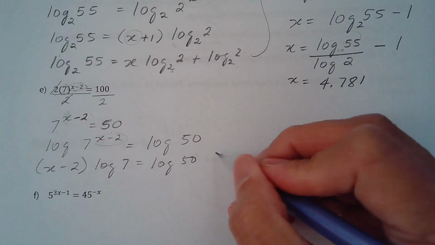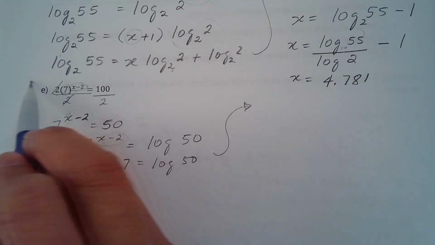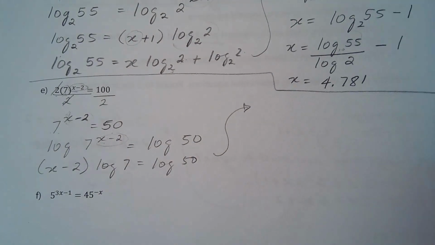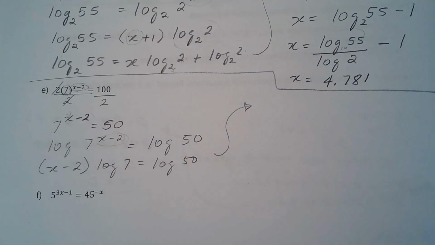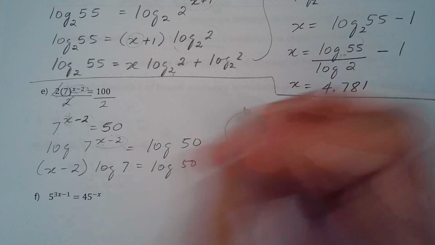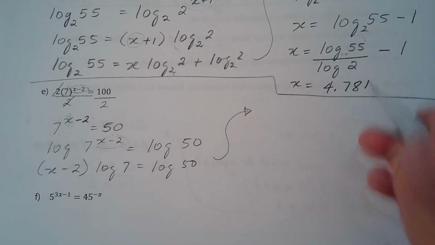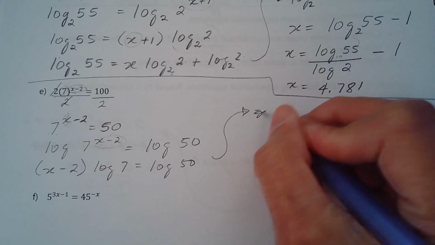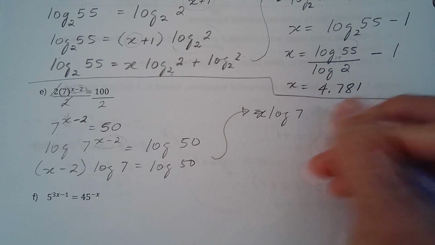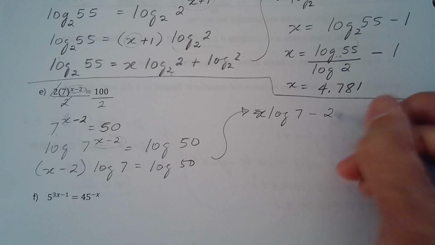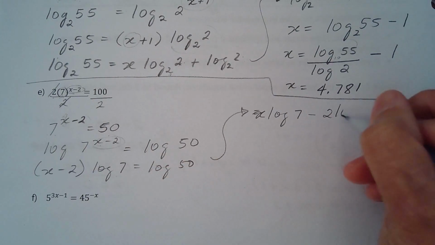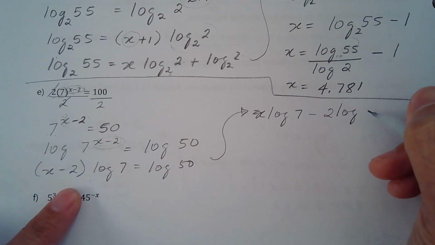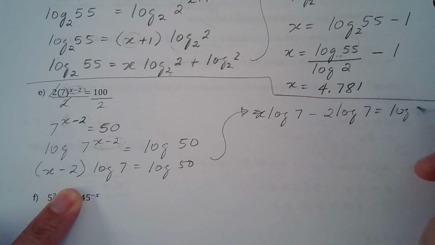Okay, so how do we do this? Let's expand this in. It's going to be x log 7 minus 2 log 7 equals log 50.